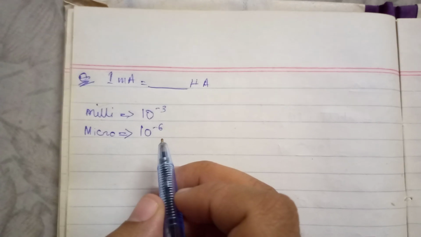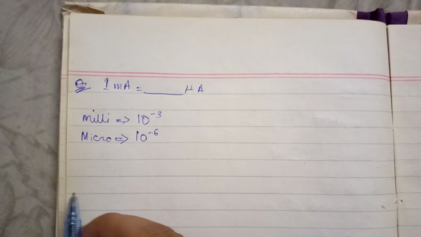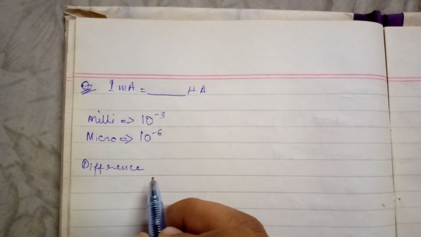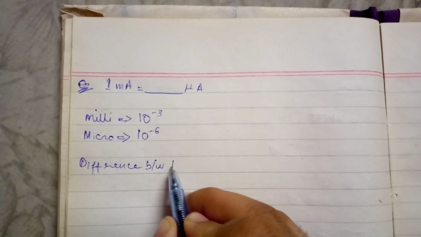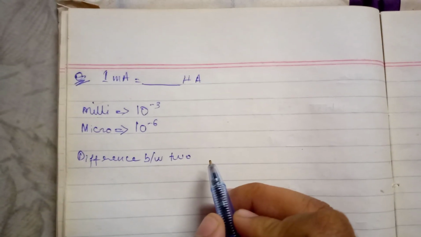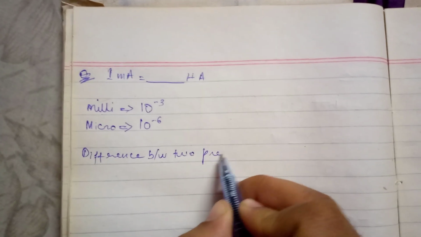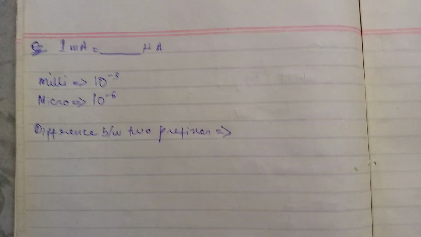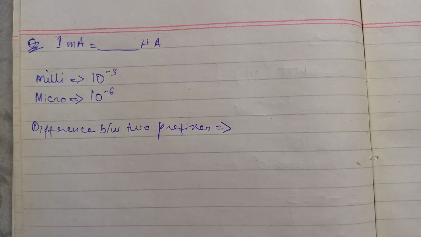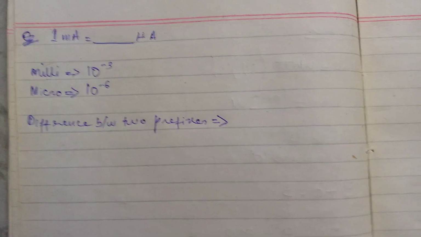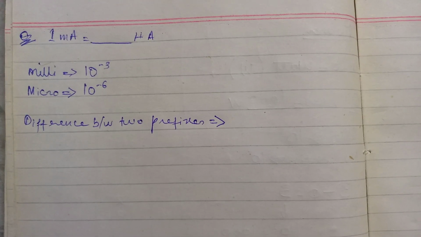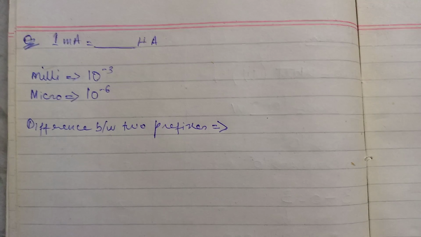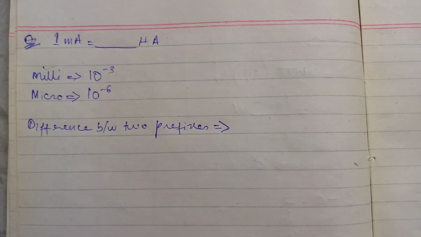Now we have to calculate the difference between two prefixes. To calculate difference between two prefixes, you will just subtract the power of 10 of lower prefix from the power of 10 of higher prefix.